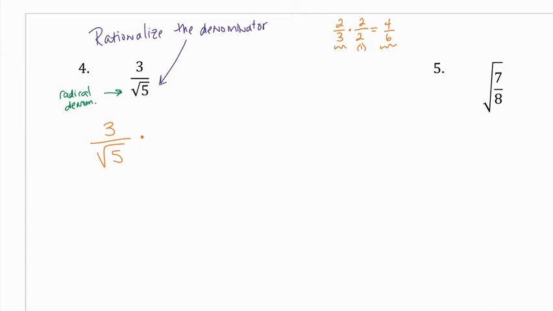So I'm going to do the same thing here, but I want to do it in such a way that I get rid of the radical on the bottom. And what undoes a radical? Well, if I square it, then I would get rid of the radical. So if I were to multiply the denominator by radical 5, then that would give me on the bottom radical 25, and the square root of 25 is 5, right?